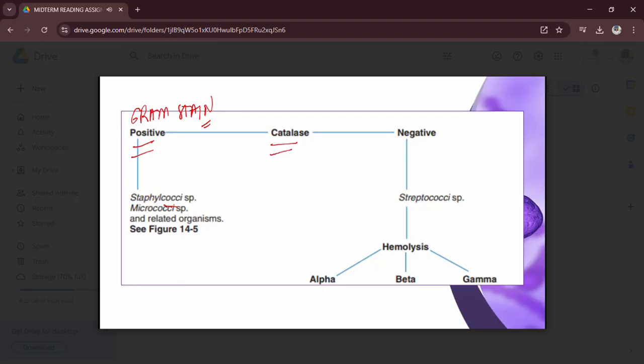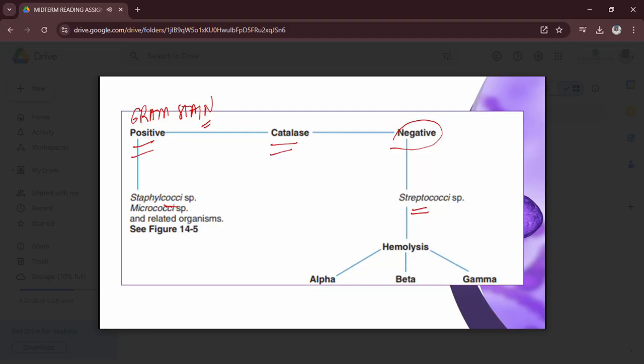The organism that has the enzyme catalase is Staphylococci. Since Streptococci have no catalase enzyme, the result of that test would be negative. So, catalase negative, we know that it is already a Streptococcus species.